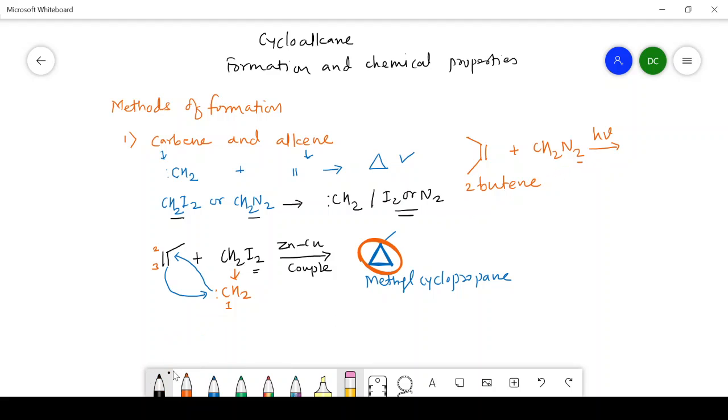Once again, CH2N2 gets converted into carbene, and this carbene undergoes a cycloaddition reaction to form this type of cyclopropane derivative. These are the two methyl groups. So here we will get 1,2-dimethylcyclopropane.